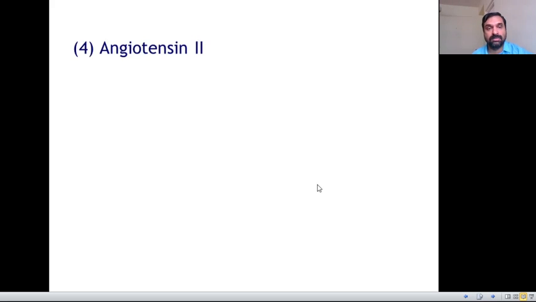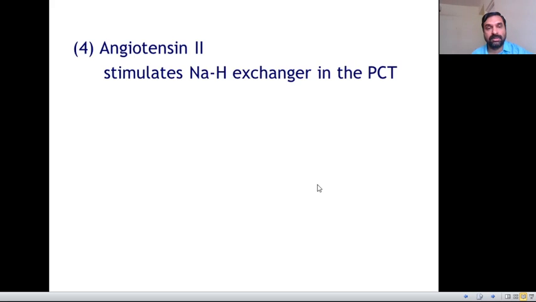Now, role of angiotensin 2. This angiotensin 2 stimulates the sodium H plus exchanger in PCT, so it increases acidification.